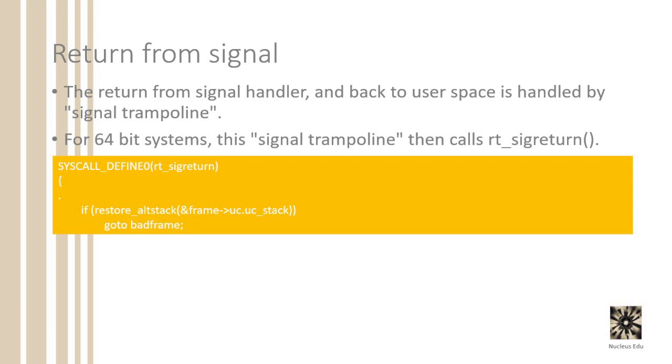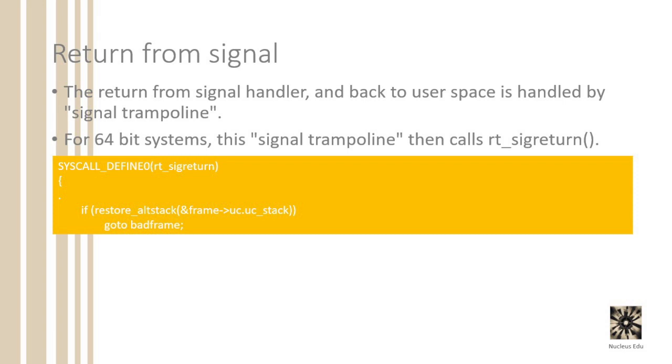If you recall from our previous slide, that is what we were using, the sa_restorer, to put into frame->pretcode. That's where the code would start executing after the signal handler has completed its execution.